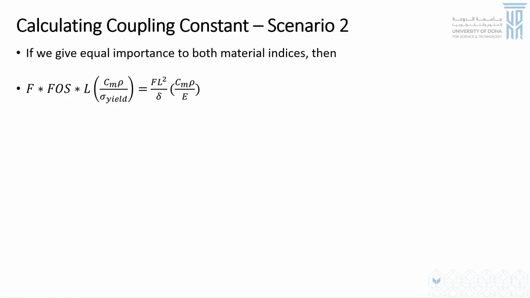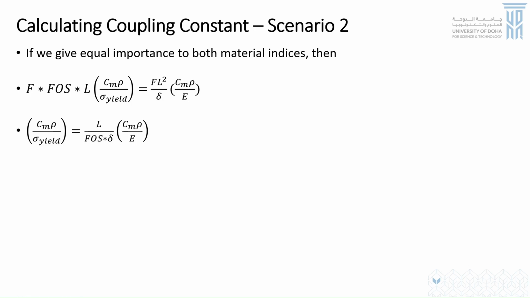So, with that assumption of equal importance, we can equate both of the costs, and we can say, okay, in this case, cost one is equal to cost two, and that's the scenario. So we replace it with the performance equation. So we have F into FOS into L, which is the cost because of the strength constraint, and this is the cost because of the Young's modulus constraint.